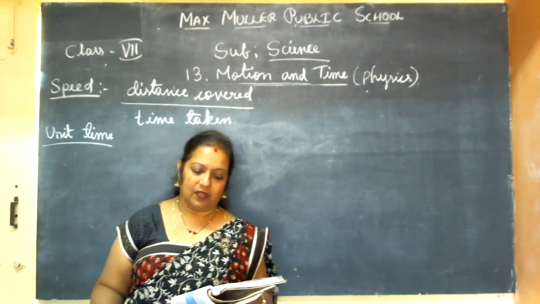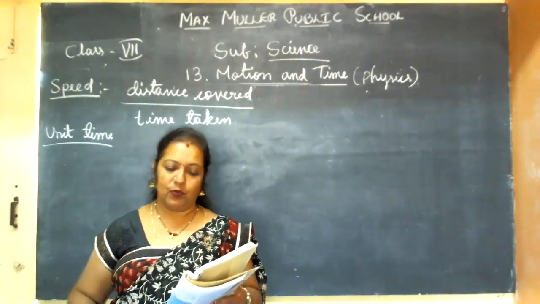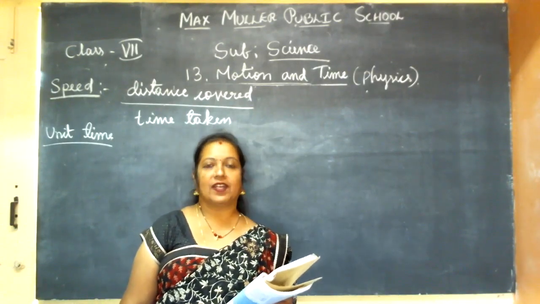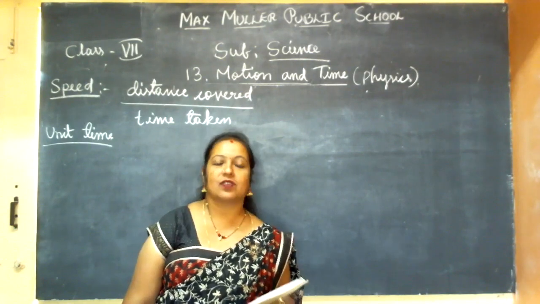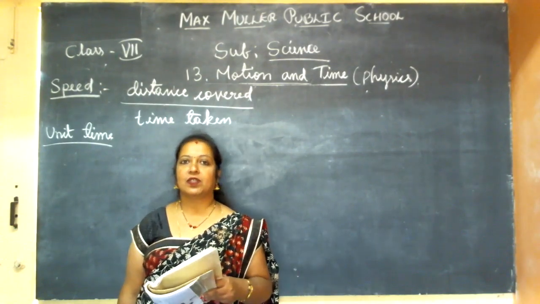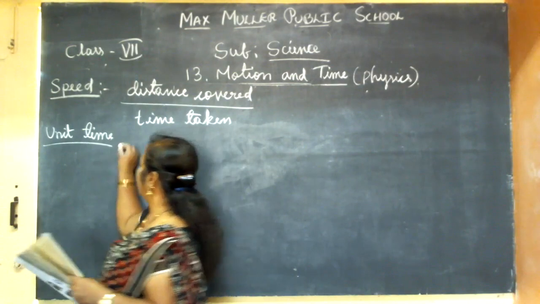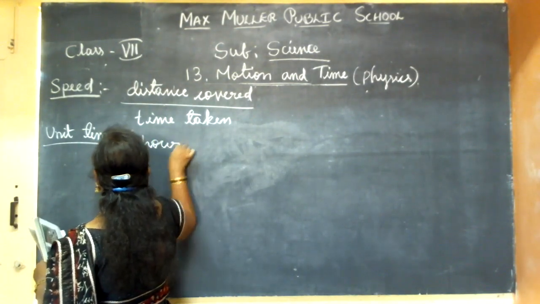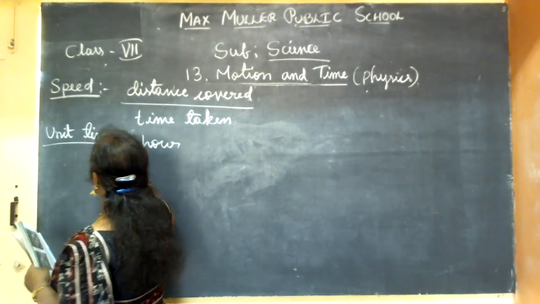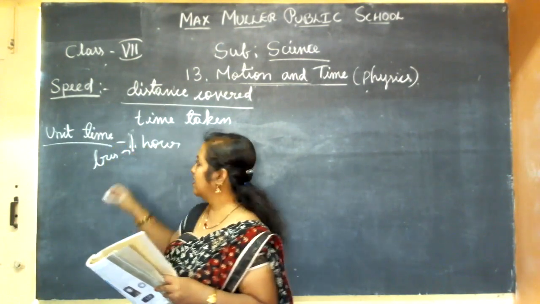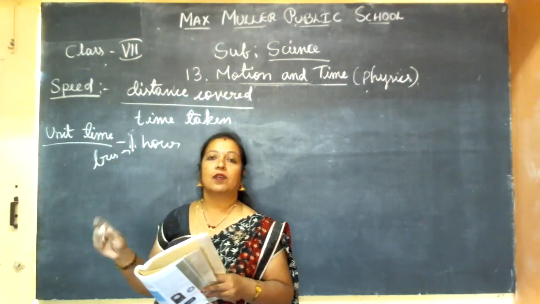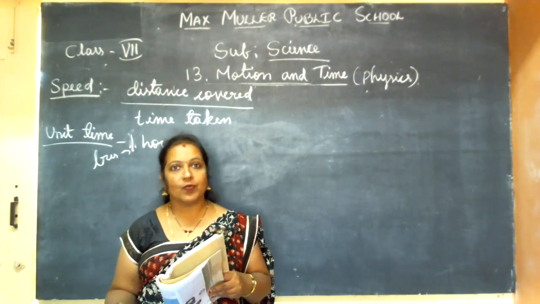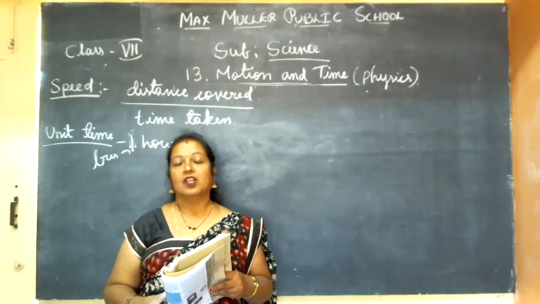Okay. So thus, we call the distance covered by an object in a unit time the speed. If the object is moving in a unit time, meaning 1 hour, 1 hour is the time. The bus has taken 1 hour to cover the distance. That is the unit time we have chosen. In 1 hour, how much distance has it covered? 300 kilometers, 350 kilometers, like that.